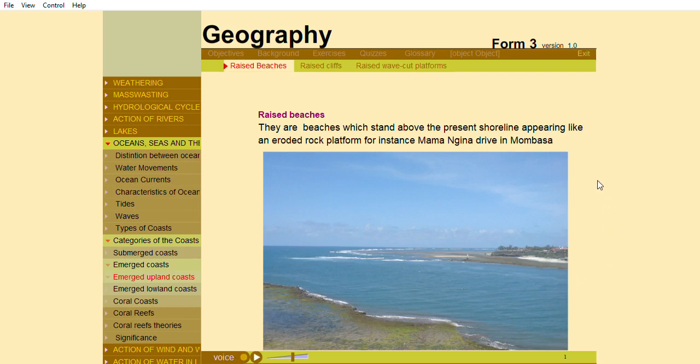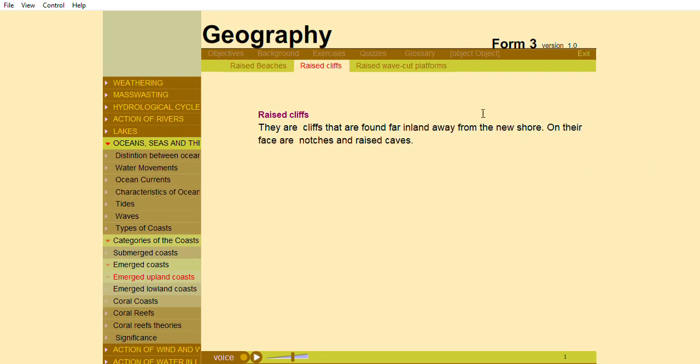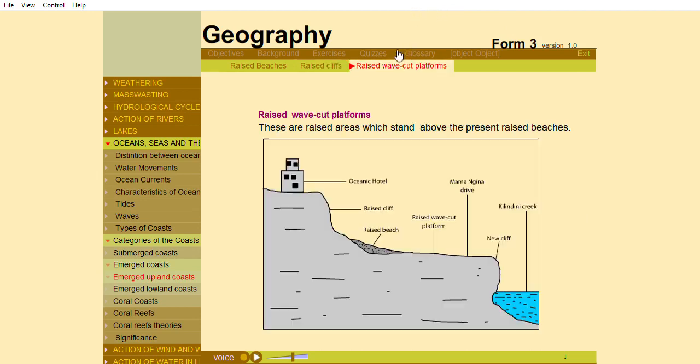They are beaches which stand above the present shoreline, appearing like an eroded rock platform, for instance, Mama Ngina Drive in Mombasa. Raised wave-cut platforms. These are raised areas which stand above the present raised beaches.